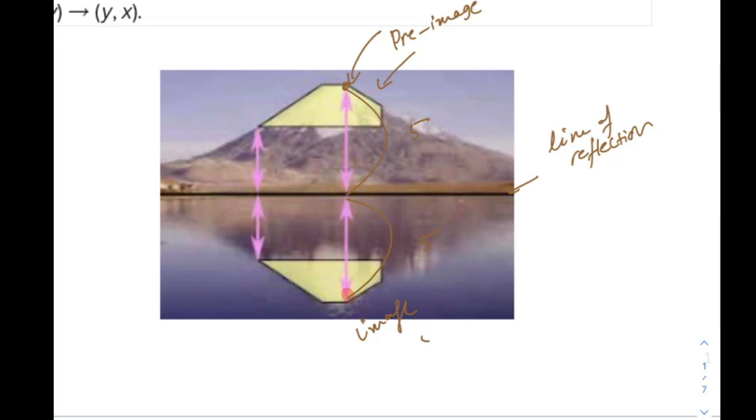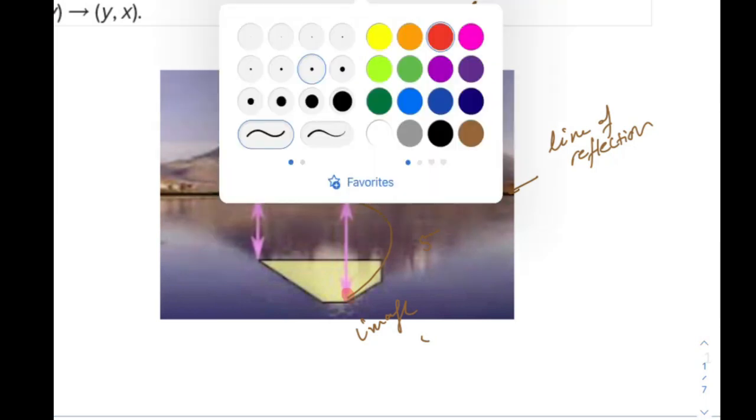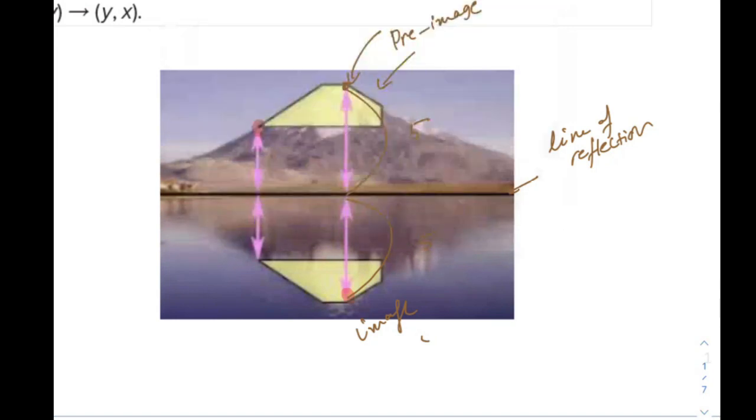But what else? Also, we can say that the line connecting the image and the pre-image is perpendicular to the line of reflection. So the image should not be here. It should be perpendicular to the line of reflection.